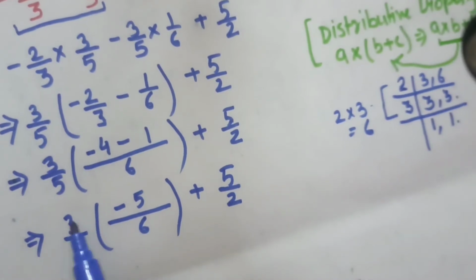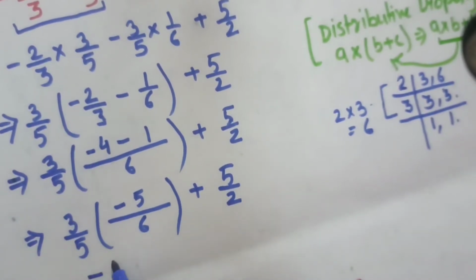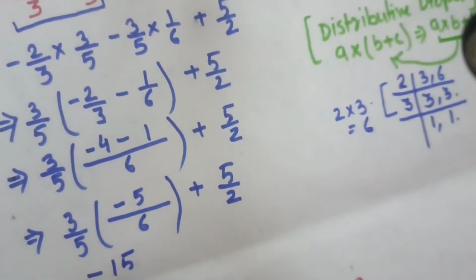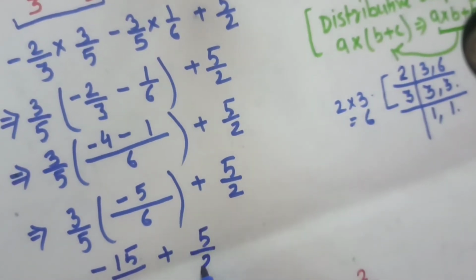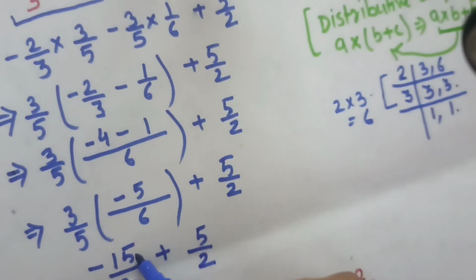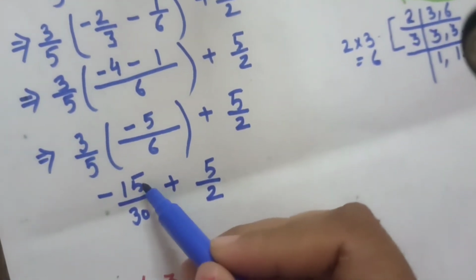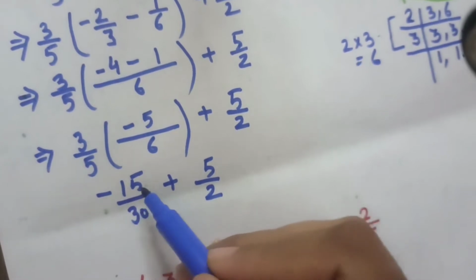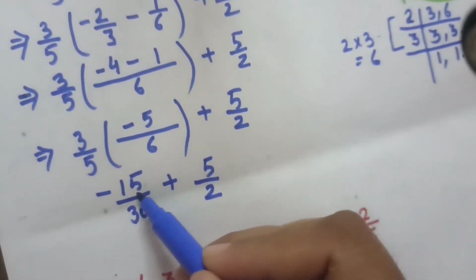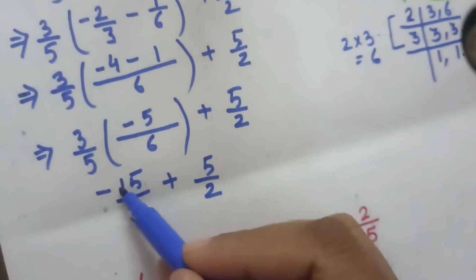So when we multiply 3 with 5, we'll get -15, and when we multiply 5 with 6, we'll get 30, and 5 by 2 will remain as it is. Now because 15 and 30 are in the numerator and denominator, we can also cancel here, because both are divisible by the same number, that is 15.